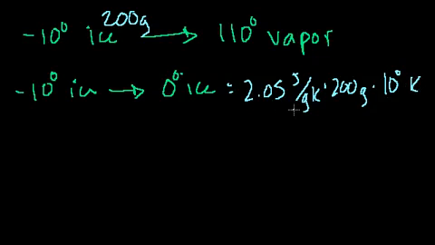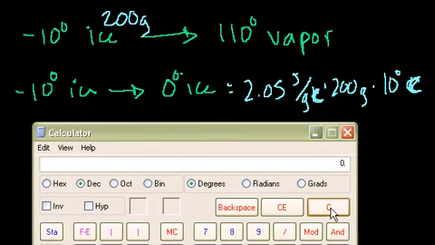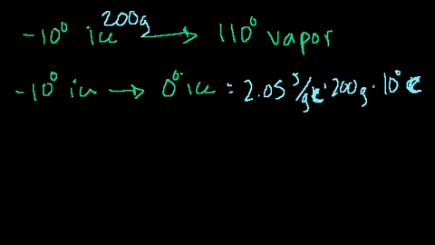It doesn't matter whether we're using Kelvin or Celsius. I could have written Celsius in the units. So what is that equal to? Let me get the calculator. 2.05 times 200 times 10 is equal to 4,100 joules.